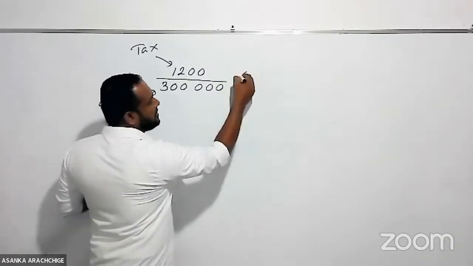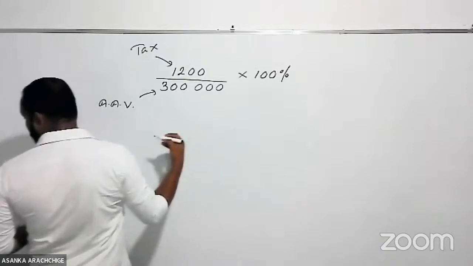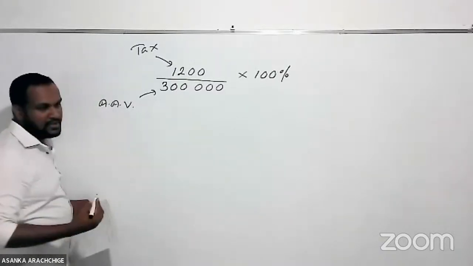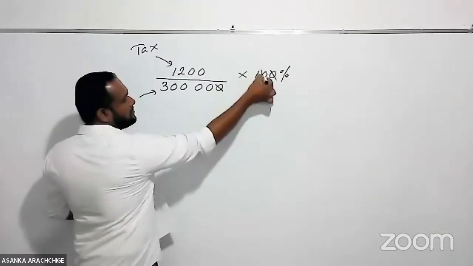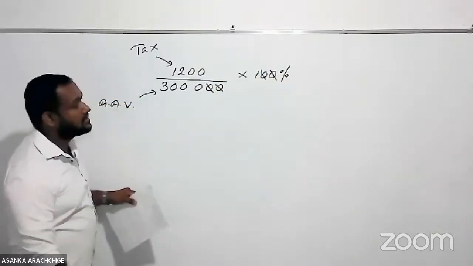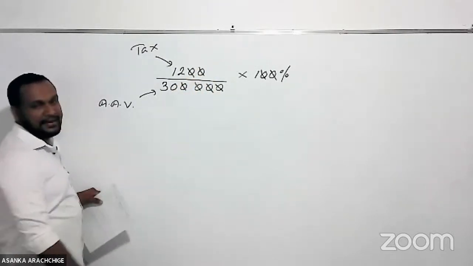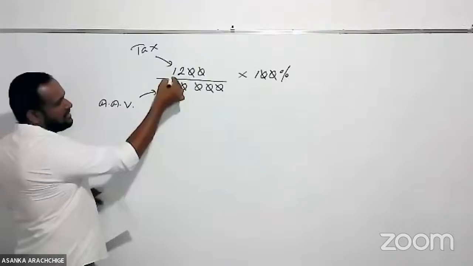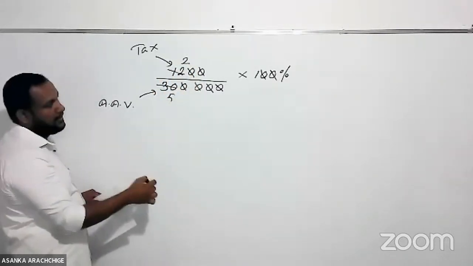Therefore, to convert this into the percentage, you have to multiply it by 100%. Clear? So the zeros can be cancelled. Then 6 times 2, 6 times 5, 30.